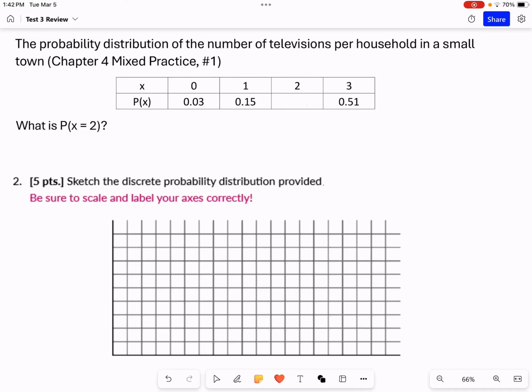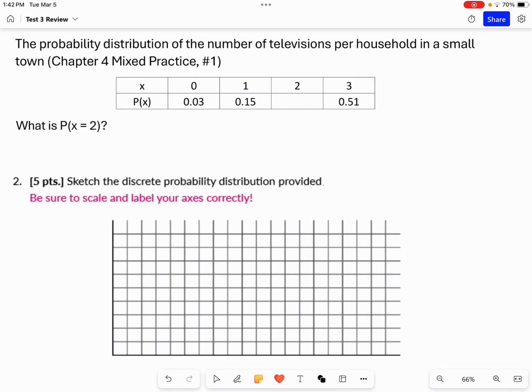Okay, so this problem is actually going to take a couple of different questions that you will see into just one problem. And that first question is to figure out what a missing probability would be if you have a discrete random variable.